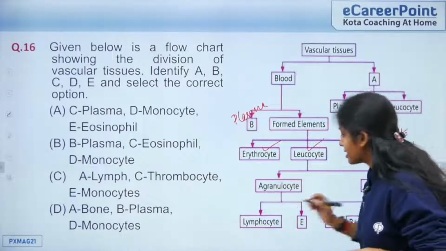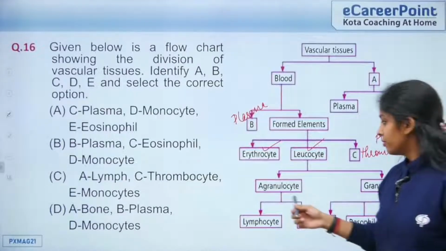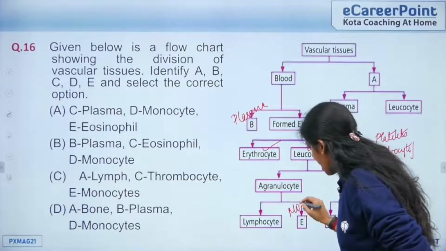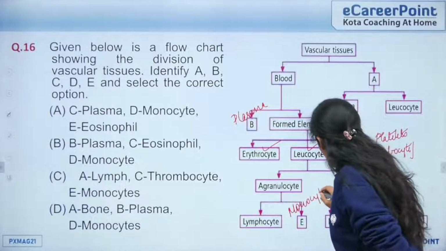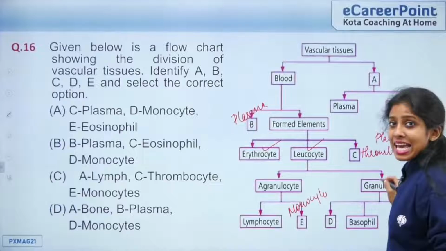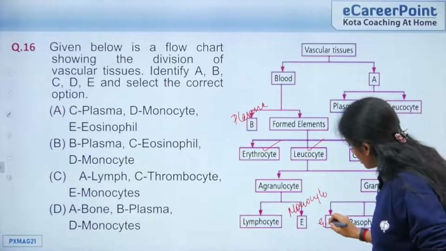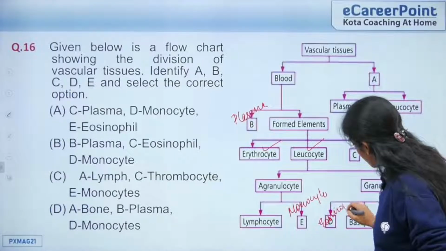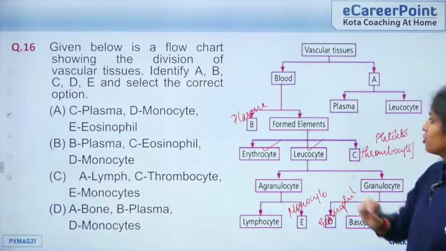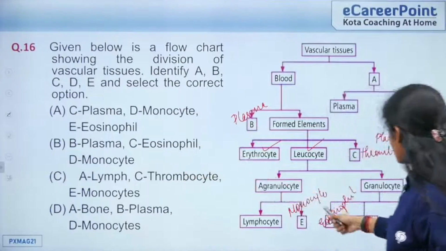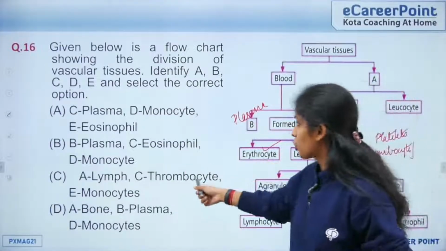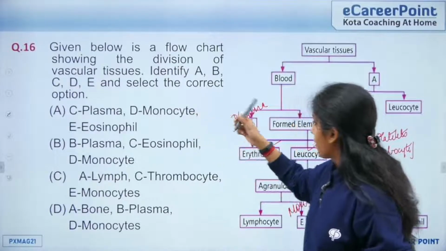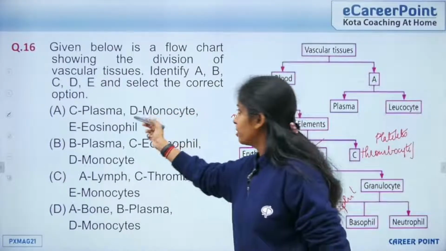Your leukocyte is divided into granulocyte and agranulocyte, which is lymphocyte and monocyte. Granulocyte is BEN, if you remember: basophil, eosinophil and neutrophil. Now tell me which is right. B is plasma, C is thrombocytes. Okay, we go with the first one.